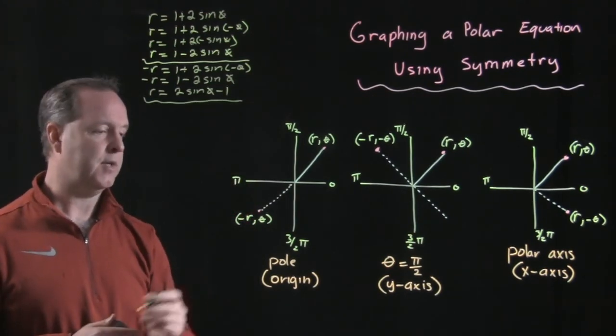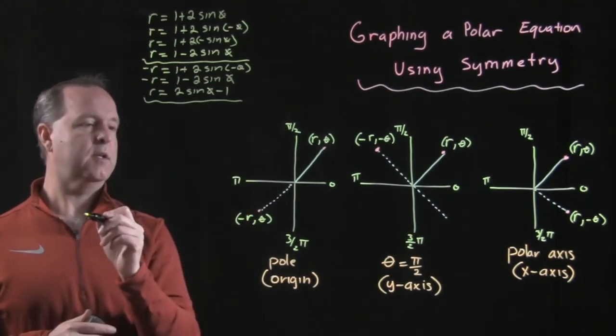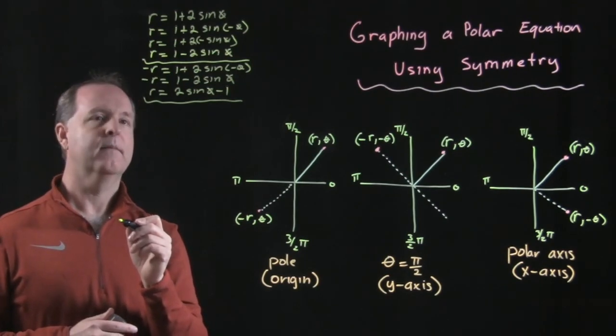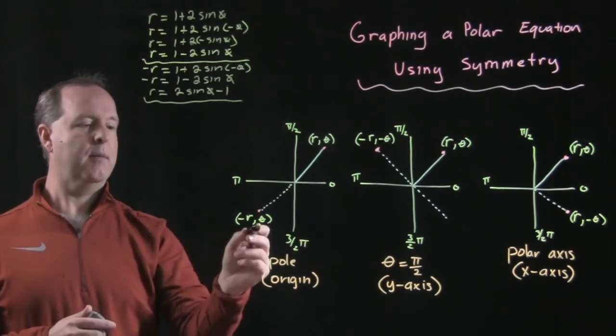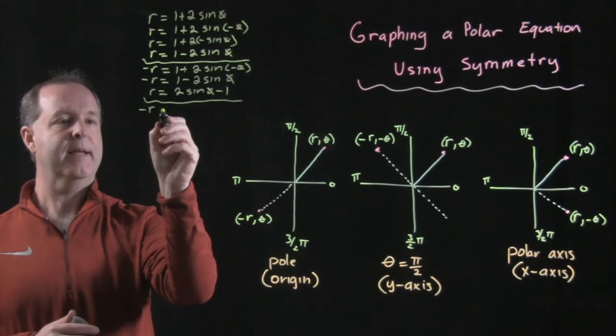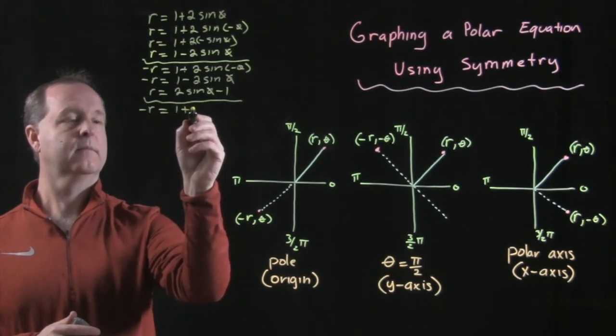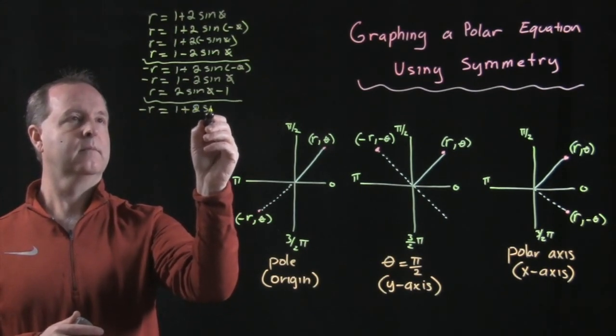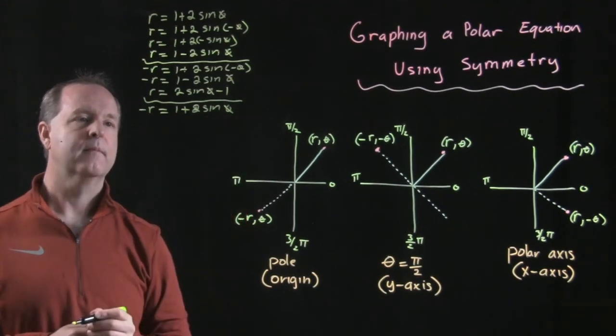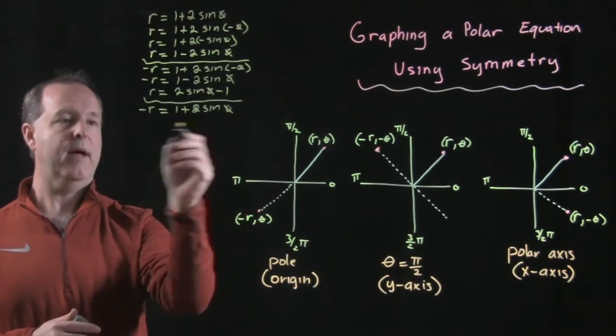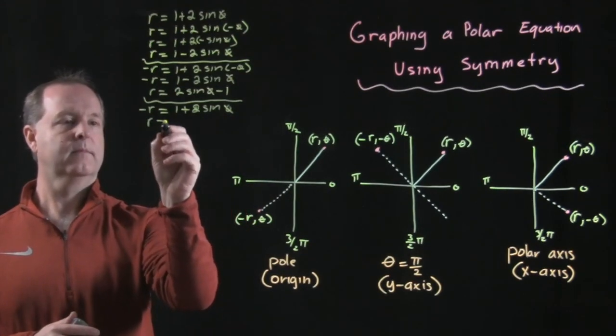And let's check for symmetry on the last one, the origin. So let's put in, all right, just making sure, put in a negative r, but keep theta positive. And multiply through by a negative 1.